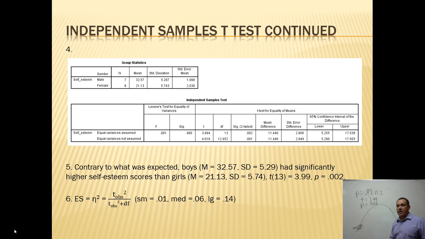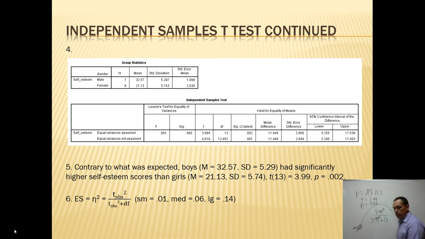The way we calculate this is by taking our t observed squared. In this case, our t observed is 3.99. We're going to square that, and we're going to put that over 3.99 squared plus our degrees of freedom. What were our degrees of freedom in this study? You can look at your table here or go back to what we calculated before. It is 13.